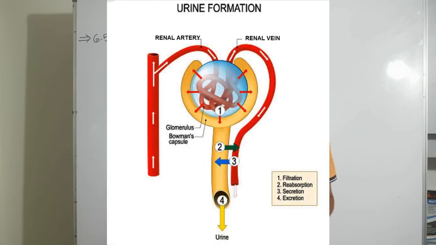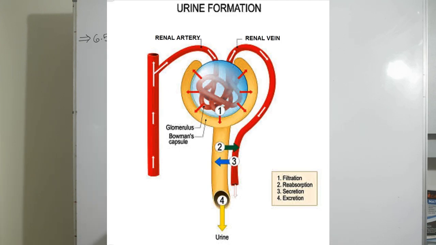Now on your screen, for easy understanding, the urine formation diagram. Here first you can see the red renal artery which enters into the Bowman's capsule. In Bowman's capsule there is the glomerulus which starts to filter the blood.